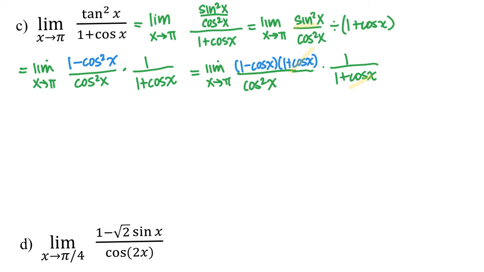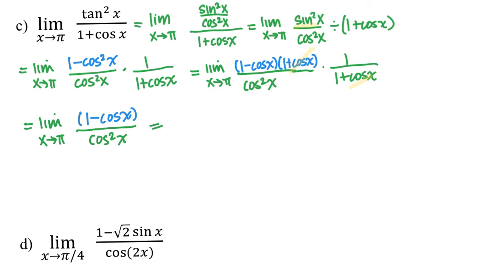I mean, you do need to show your steps, and you need to keep writing limit all the way until we get to the direct substitution step. So what am I left with? I have 1 minus cosine x in the numerator. And in the denominator, I have cosine squared x. Okay, make sure you go all the way till you get the simplified expression, and then I can go ahead and do direct substitution.